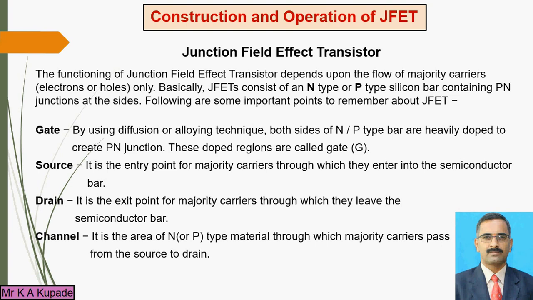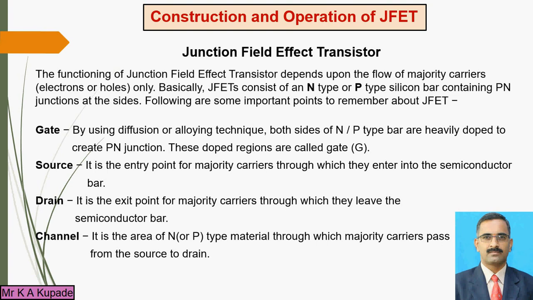I already discussed this in the previous lecture, but I want to repeat it here because after the construction you have to remember these things. So the gate is developed by diffusing or by using the alloying technique on both sides of the channel. That channel may be N type or P type.